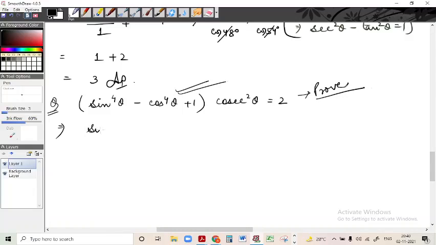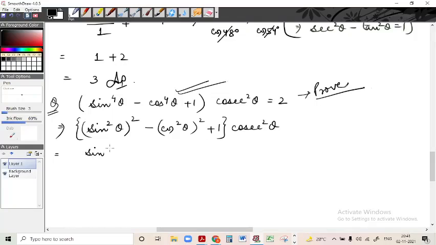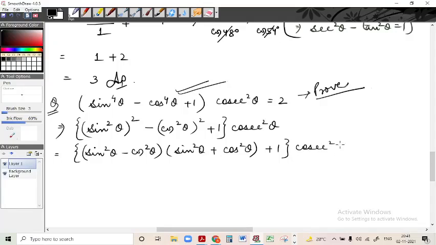So this can be written as sin square theta whole square minus cos square theta whole square plus 1, and this is cosec square theta, which is further equal to sin square theta minus cos square theta into sin square theta plus cos square theta plus 1 into cosec square theta.